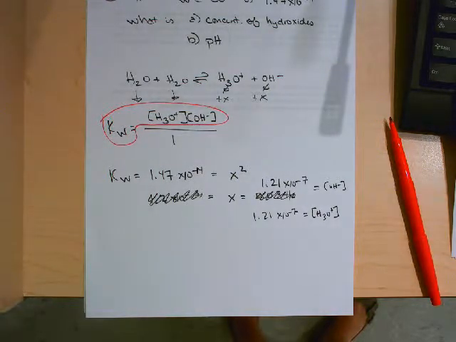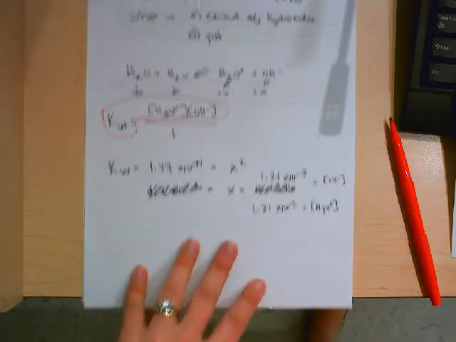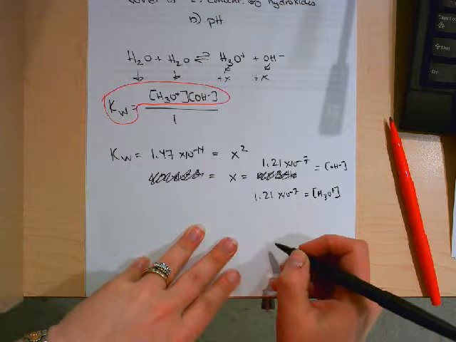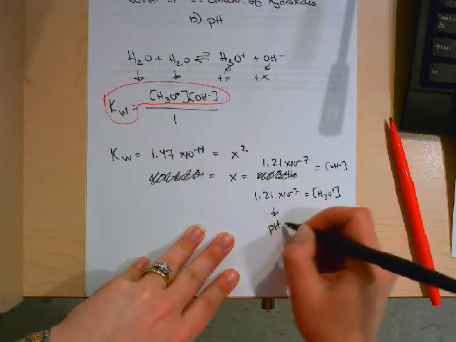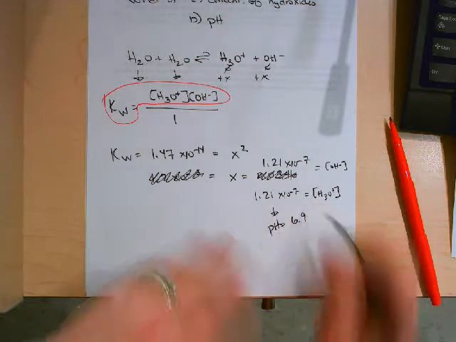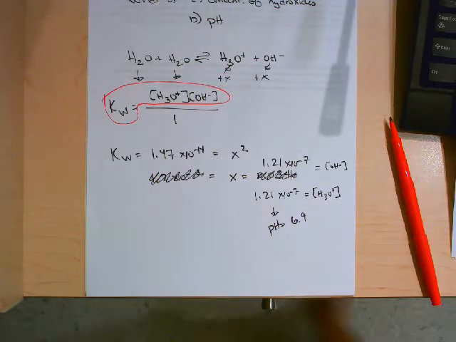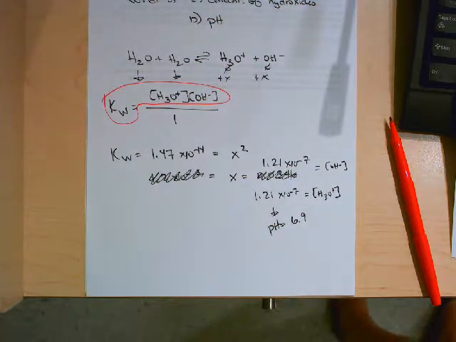So what should that be? Yep, negative log. It's like 6.9, but yeah, we usually call it 7. Good double checking.